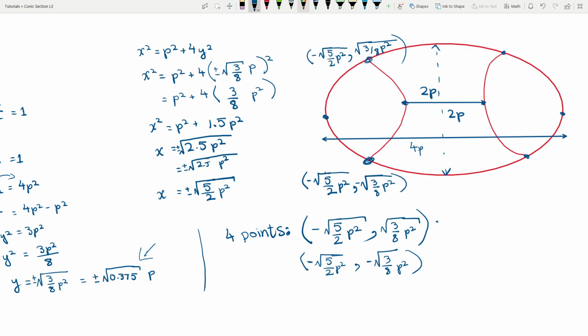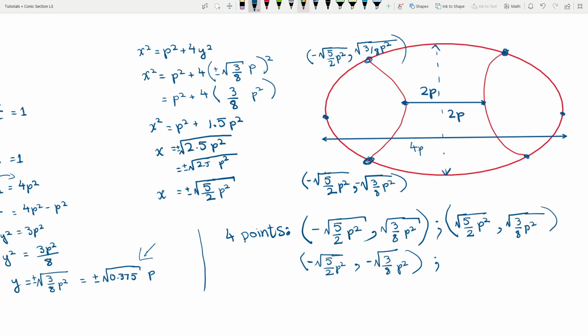And our third point is, yep, positive 3/8 p squared.